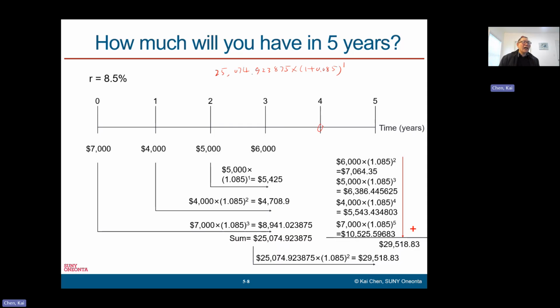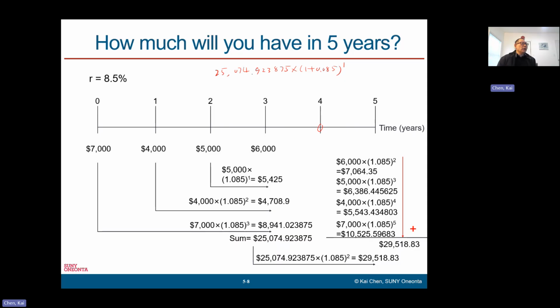Because you want to find out the future value at this time point. I don't want to show you the result because I believe you can get it easily by yourself and then answer the question. So it is easier for us to find out the future value at this time point.